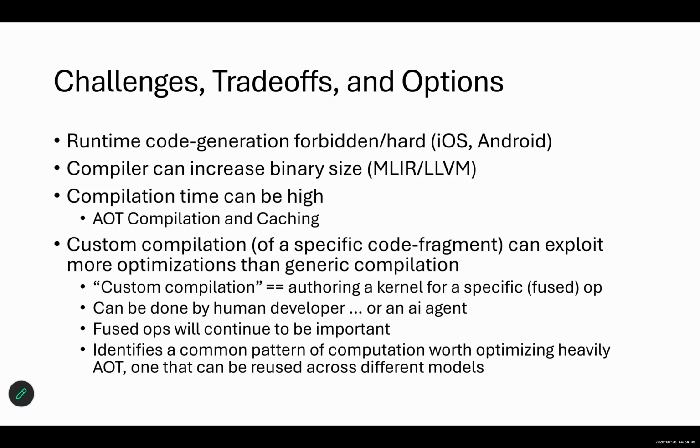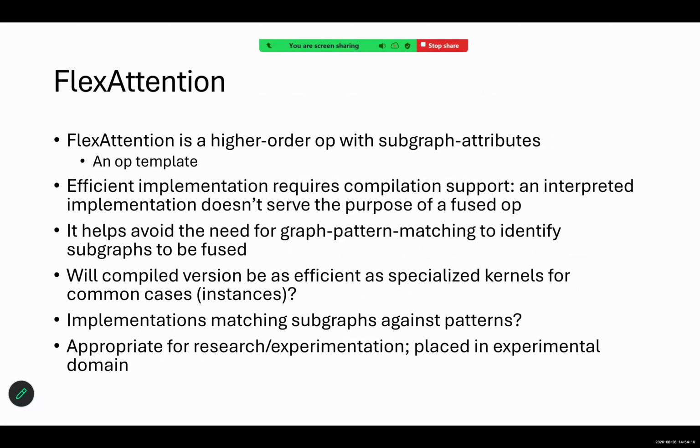So again, I think this trend will continue even with agents. Which means the approach we have still seems to be the right one, that is, identifying the right high-level composite op to introduce as an abstraction.